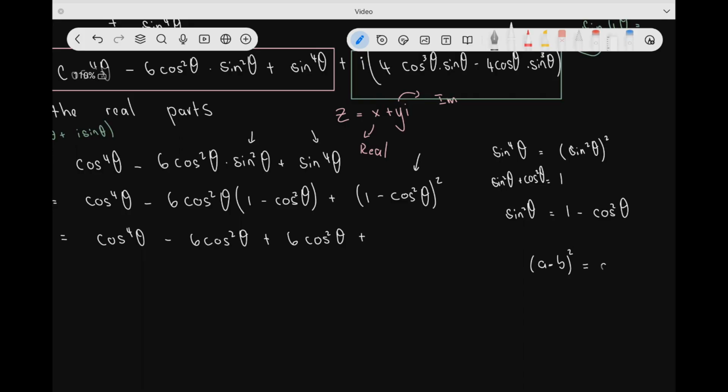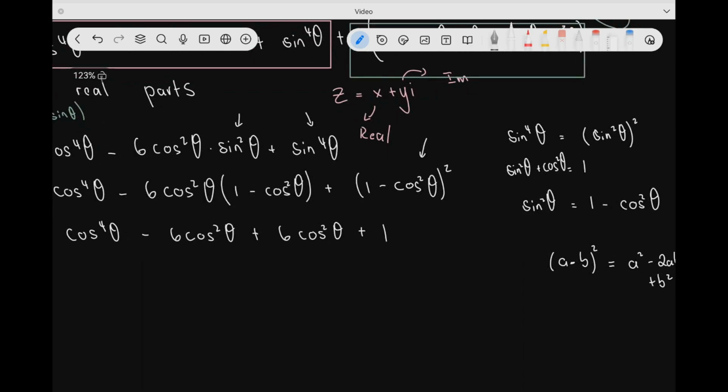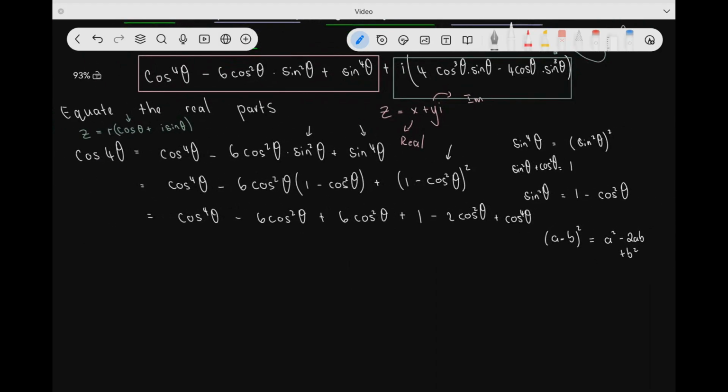We can say a squared minus 2ab plus b squared, I could just use that. So that's going to be 1 minus 2 cosine squared theta plus cosine 4 theta. Finally, adding my like terms, I'll identify my like terms. So that's a like term, that's a like term, and that's supposed to be a like term.